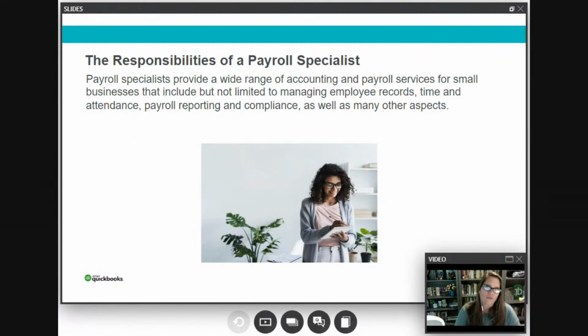I will say I have not manually calculated payroll in probably 25 years. There's so many good pieces of software that will do that for you. However, I have yet to find a really good commissions calculator. So a lot of times, one of the things that we're manually calculating are any commissions or bonuses.